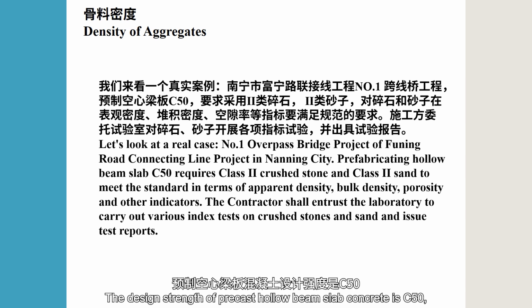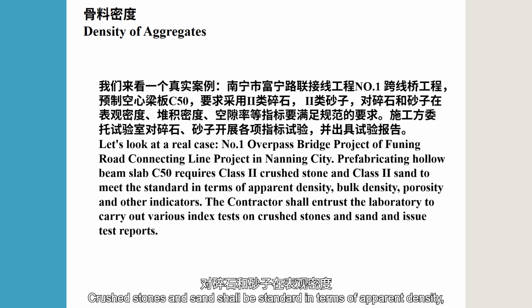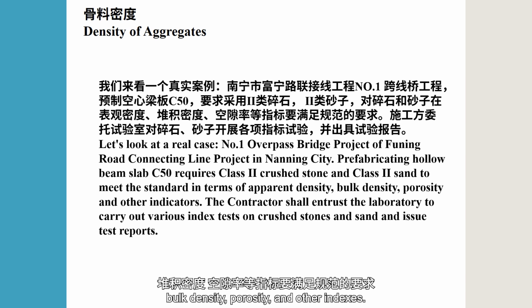The design strength of precast hollow beam slab concrete is C50, and Class 2 crushed stones and Class 2 sand are required to be used. Crushed stones and sand shall be standard in terms of apparent density, bulk density, porosity, and other indexes.